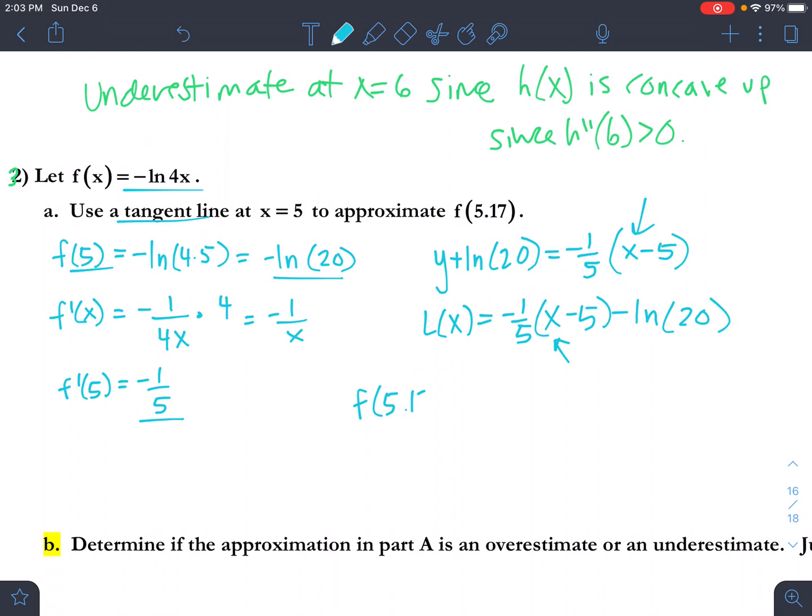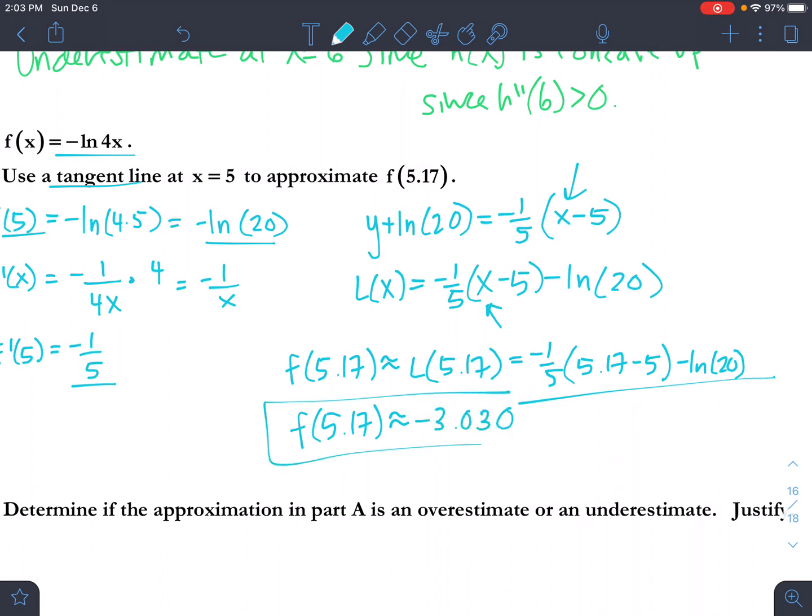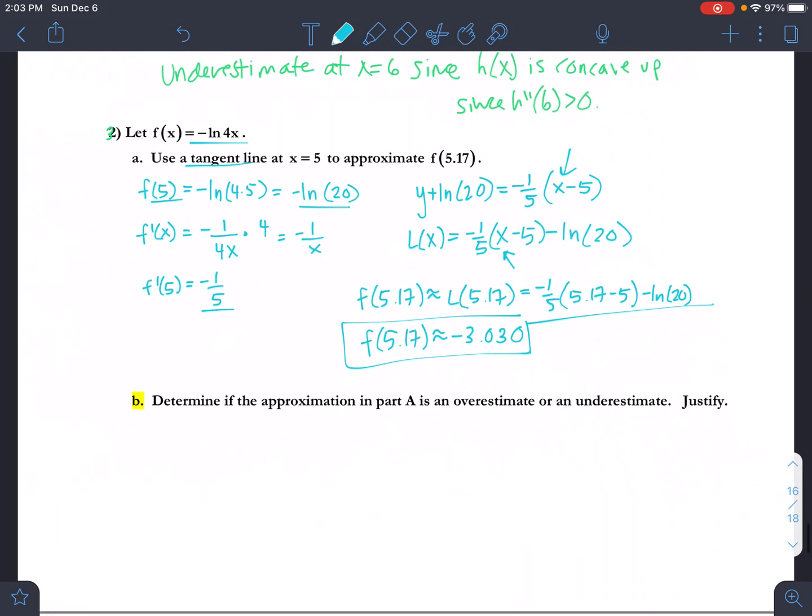F of 5.17 is approximately L of 5.17, which is negative 1/5 times 5.17 minus 5, minus natural log of 20. Okay, and either you would leave it literally like that, obviously, or you'd have a calculator. You wouldn't have to do this by hand. So I'll just give you that calculation here. This whole thing ends up being approximately negative 3.030.